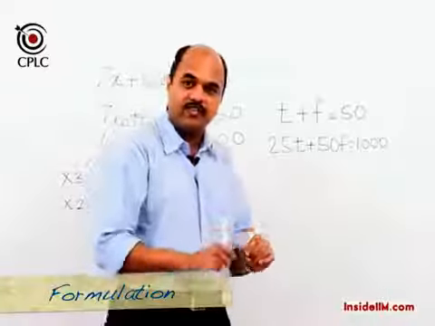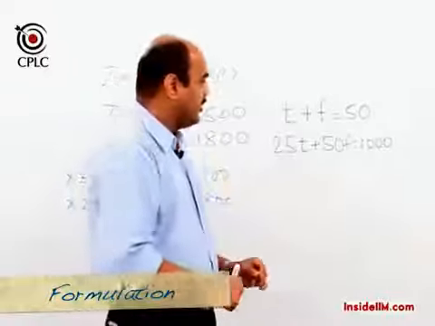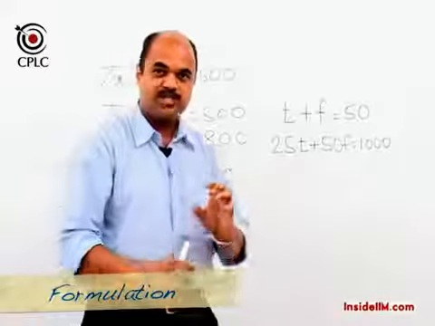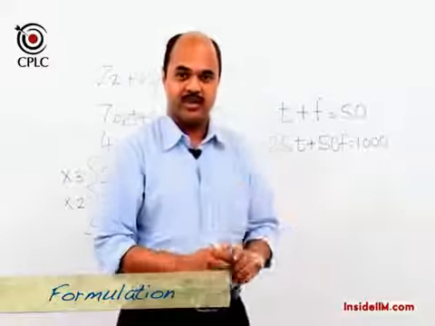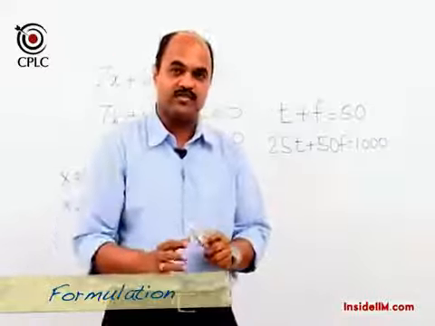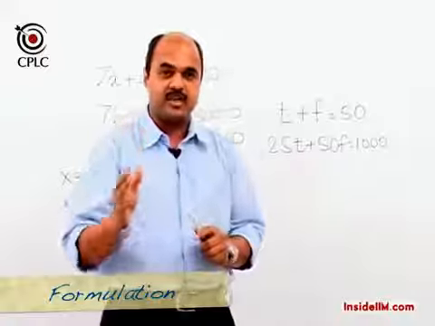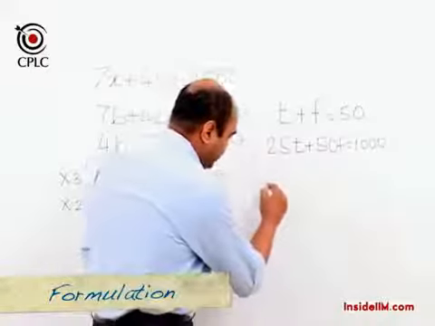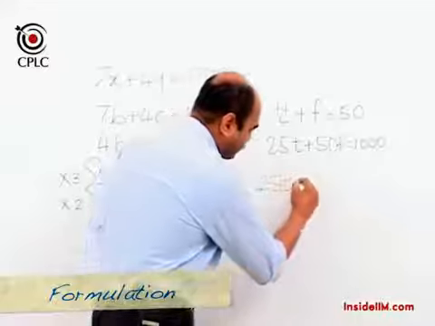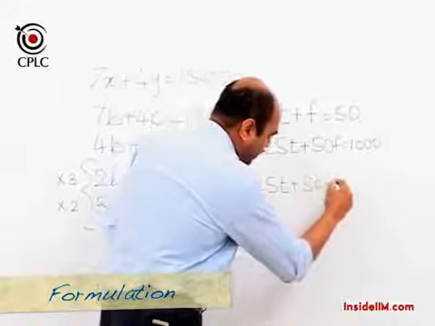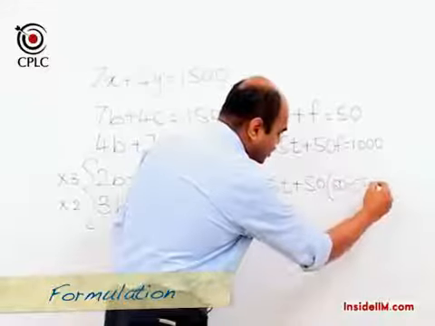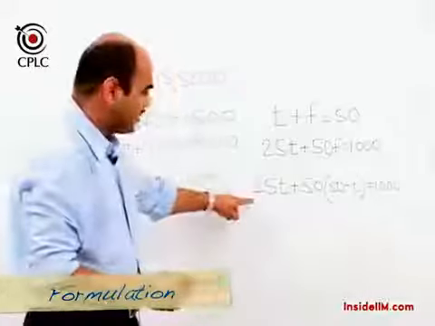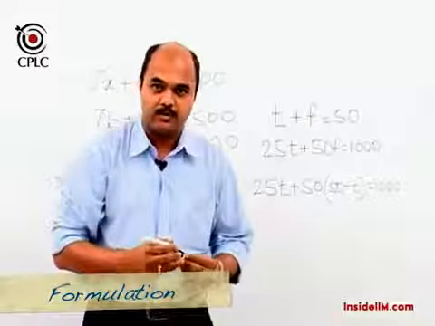Automatically the number of 50 paise coins will be 50 minus T, because if there are T coins which are 25 paise coins and the total number of coins is 50, the number of 50 paise coins is 50 minus T. So now my equation will be 25T plus 50 into 50 minus T is equal to 1000, and this is an equation in only one variable.